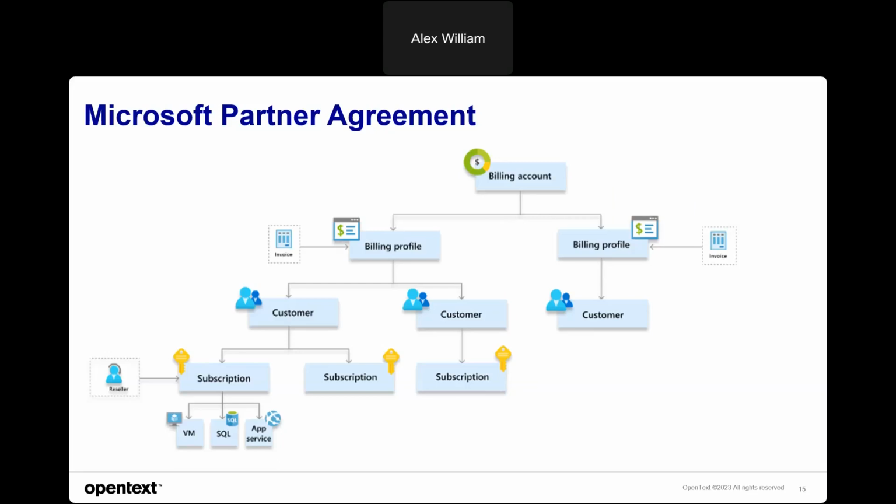And then each of the customers will have their own subscriptions, and beneath the subscription, everything is the same. You'll have a resource group, and underneath you will have a set of services. So we have now integrated with this hierarchical model, and we have provided some reports.